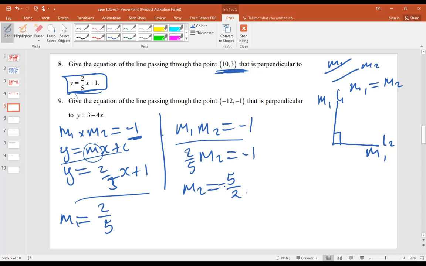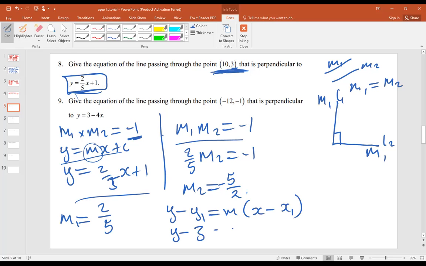If this is the second gradient, you now need to use the general form of the equation of a straight line to find the equation. So you're going to have y minus y1 is equal to m, then open brackets x minus x1. For y1, I'm going to get the value of y in this given point, which is just 3.